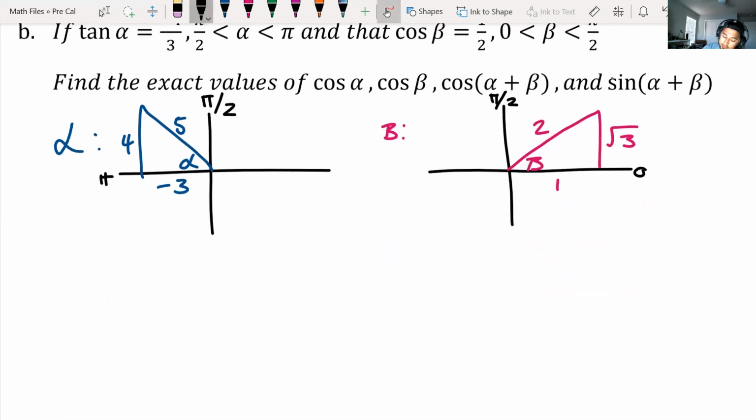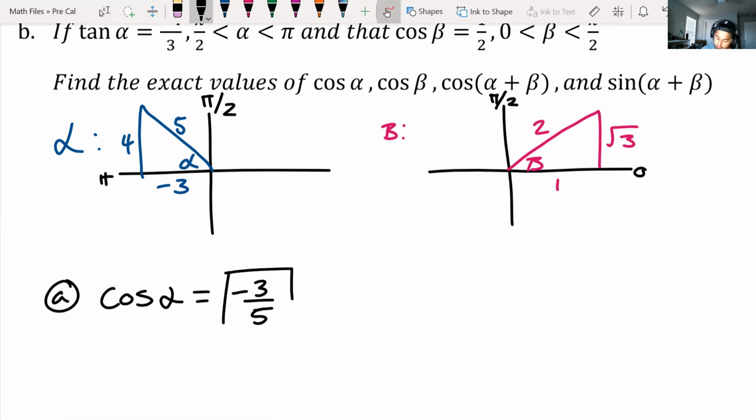Now let's answer what it wants. A, what is the cosine of alpha? Negative 3/5. Good. What is the cosine of beta?